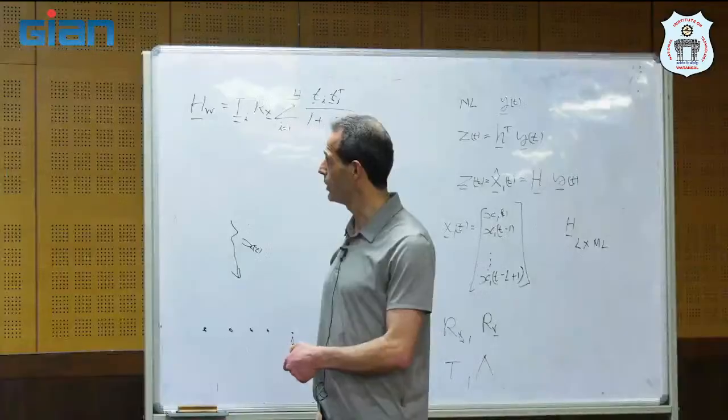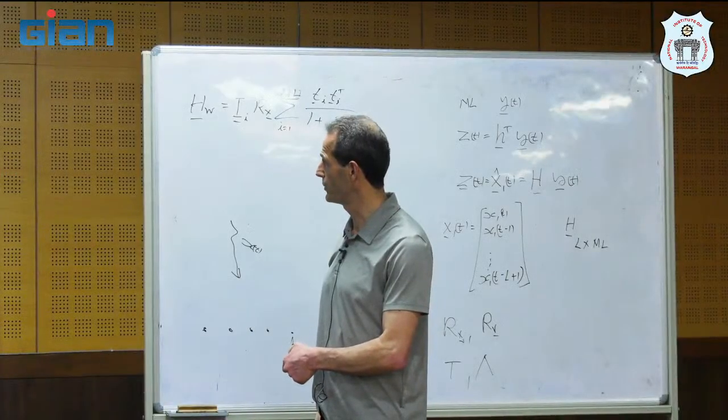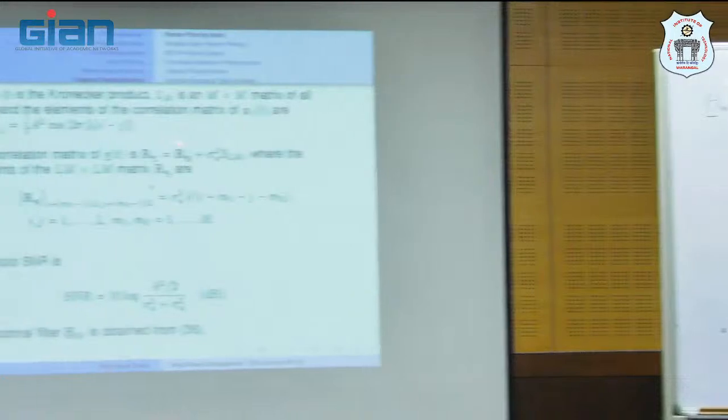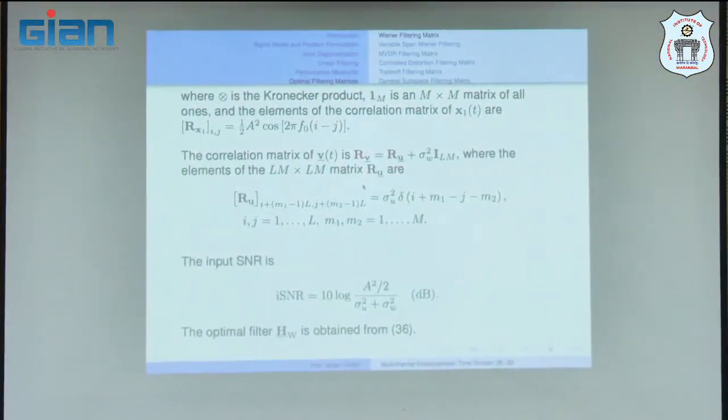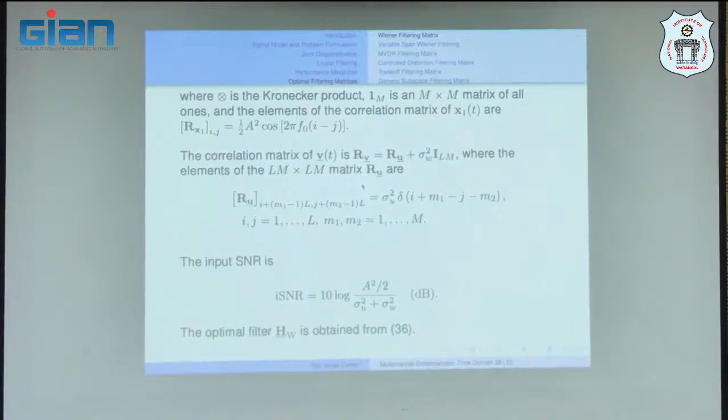So here we know all this. You see here, this is the thermal noise, the contribution of the thermal noise. This is the interference. And together we have the correlation matrix of the noise.